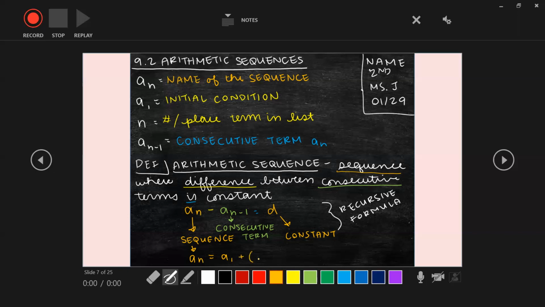Plus n, what is n, Ethan? Minus 1 times d. What is d, Elijah? It's our constant. Very good. So this is going to be our explicit formula.